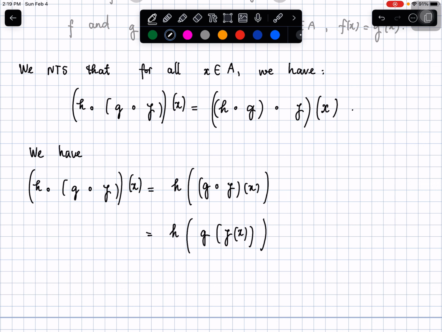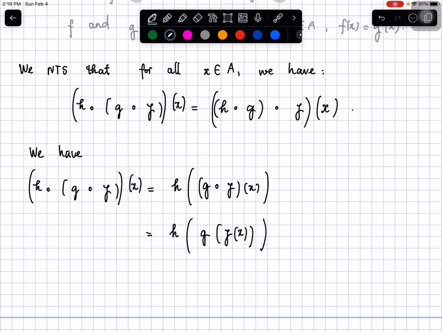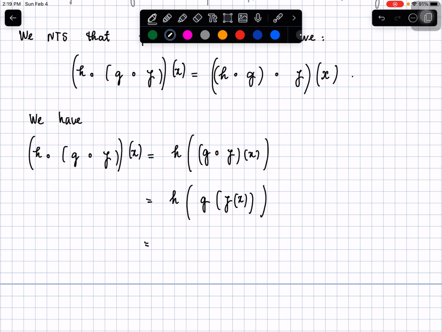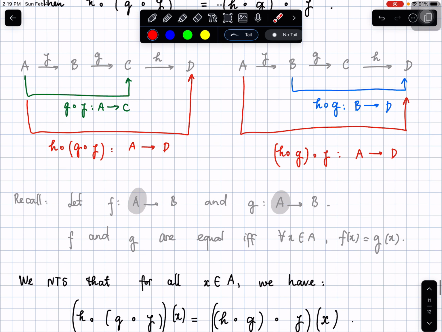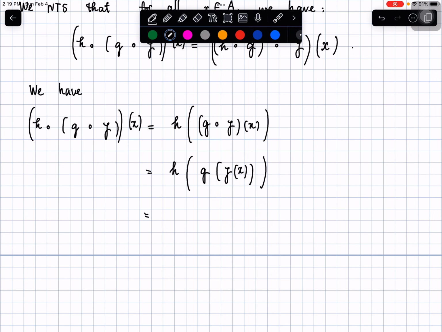Okay, so we can either continue or we go from the right to these values. If we want to continue, then it's like this. So let's think about this as a value, an element of B, right? f goes from A to B, so x maps to f of x, which is in B. So this is a value in B. h of g of something in B is h∘g of f of x.